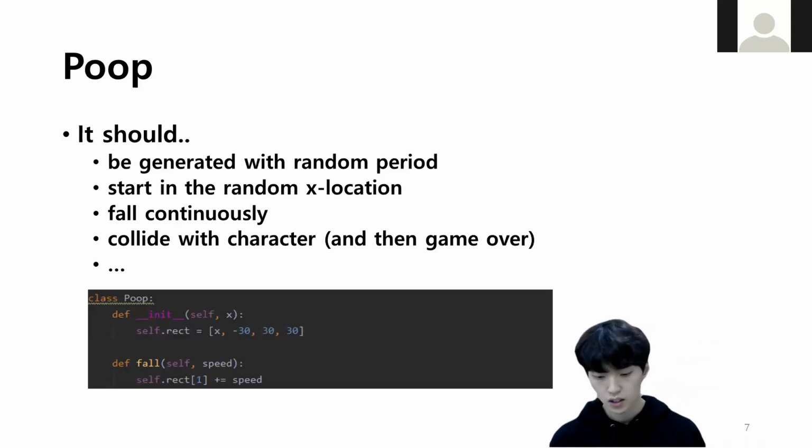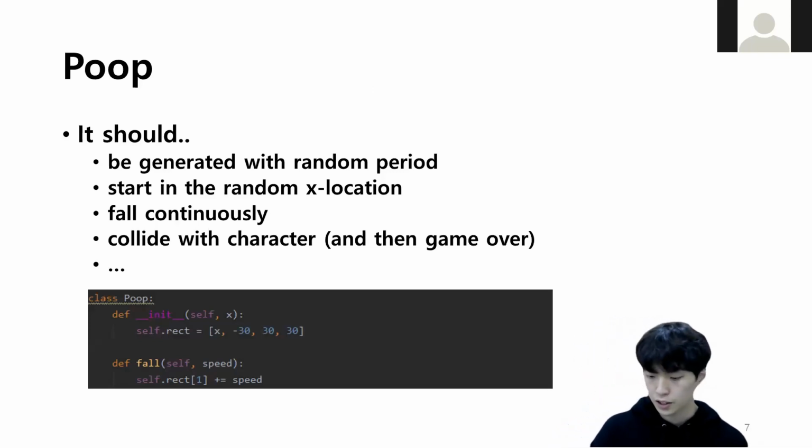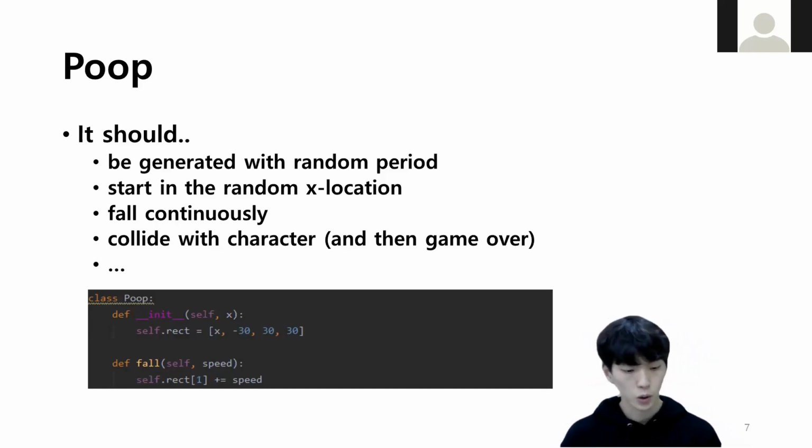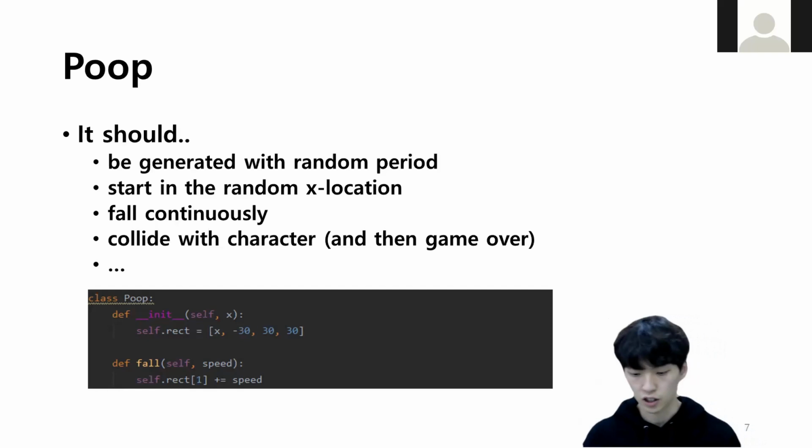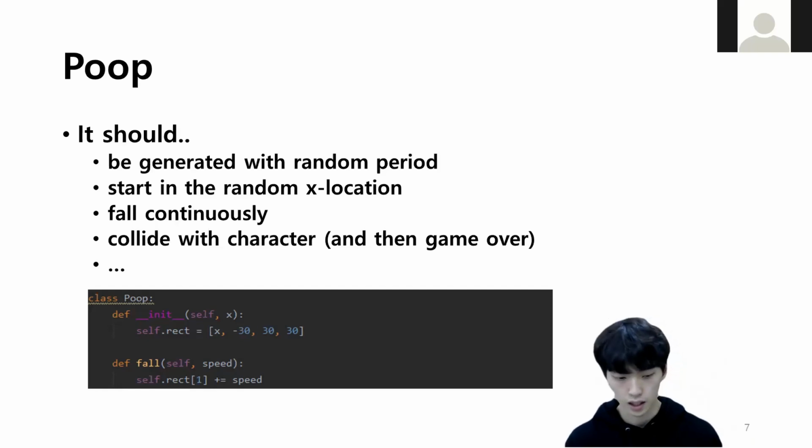Okay. I just uploaded the skeleton code and some images to make your game. You can download this on our page. I will download it together. Anyway, in the skeleton code, the proof is defined as a class, as you can see, and the proof should be generated with some random period.